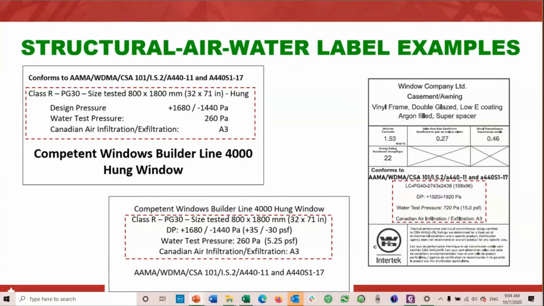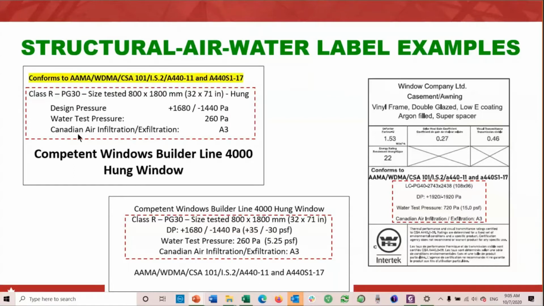So there are abbreviated, shorter versions you can use in labels when there isn't the space for longer designations. But always you have the class, the performance grade, the size tested, and optionally the operating type of the window. So in this label here, we identify it as a hung window. In the other two labels, that is optional. It's not required. The design pressure, the water test pressure, and the Canadian air infiltration/exfiltration level: these properties must appear in each one of these labels.